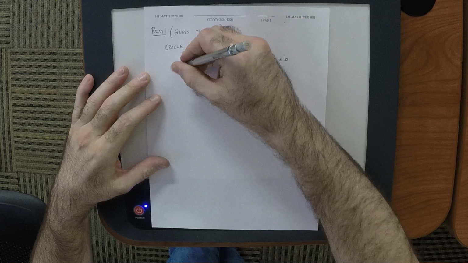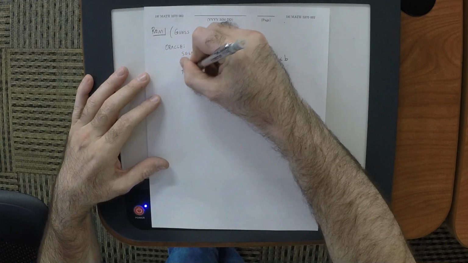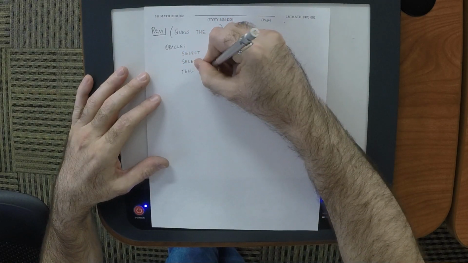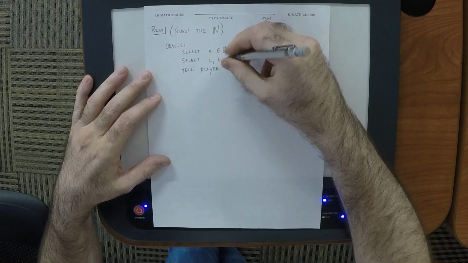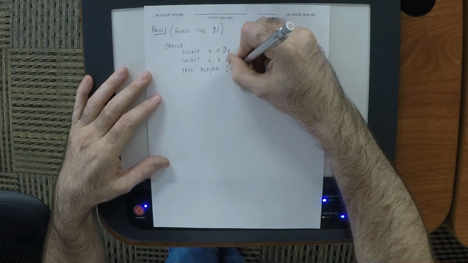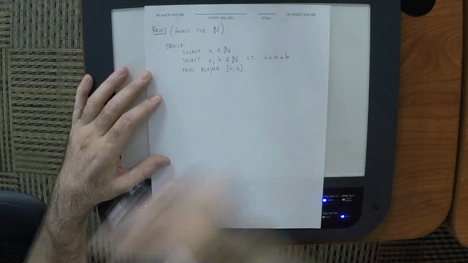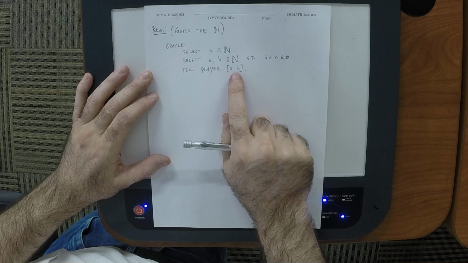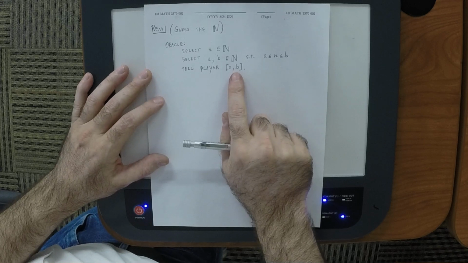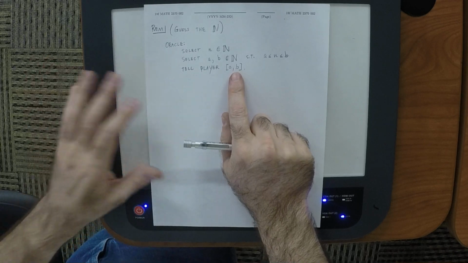Okay, and then you tell the player the values A and B, and I'm writing that as a closed interval. But don't misunderstand, I'm talking only about the naturals that are in there, not all the reals.